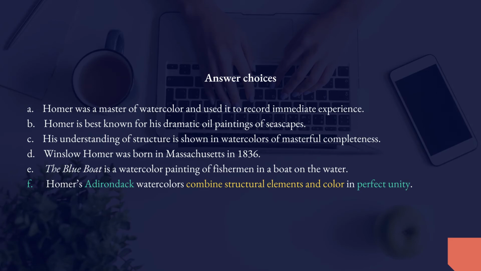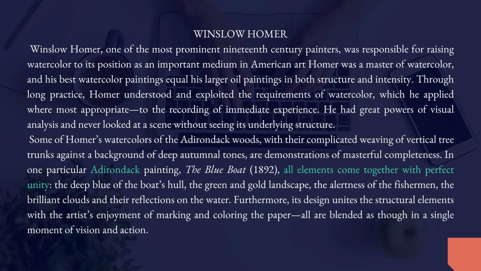But the sentence also has a combination of structural elements and color. I have not found that yet. The rest of the sentence says there's perfect unity. Let's see how. It says the deep blue of the boat's hull, the green of the landscape, the alertness of the fishermen, the brilliant clouds and the reflections of the water. So here we have it.